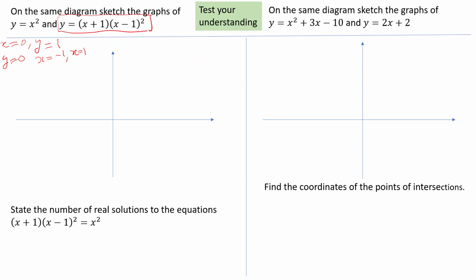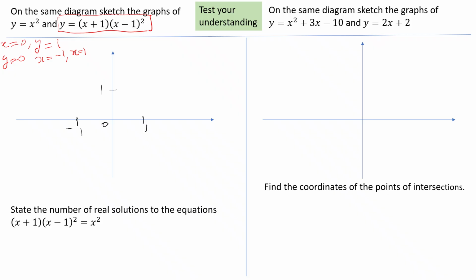And now I'm going to mark the coordinates: positive 1, negative 1, this is 1. Now the positive cubic graph starts from the bottom left corner.